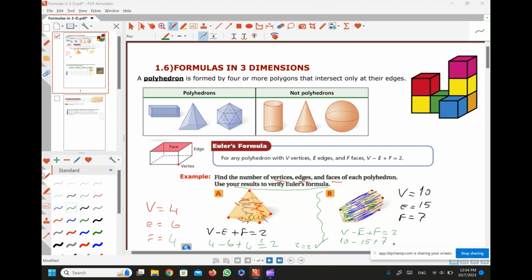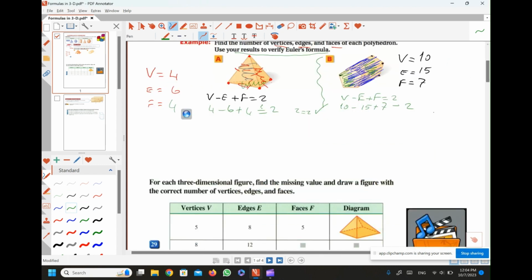Is that equal to 2? Let's see. 10 minus 15, negative 5 plus 7, 2. 2 equals 2. So Euler's formula verifies what we found here.